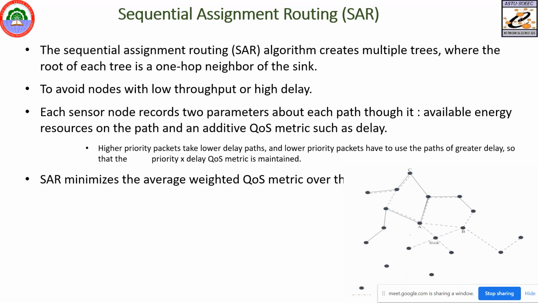The other protocol is called sequential assignment routing. In this, the nodes will be arranged in a tree manner, which will create multiple trees, where the root of each tree will act as the head, the cluster head, and from that root, each node which is connected in one hop manner will act as a sink.